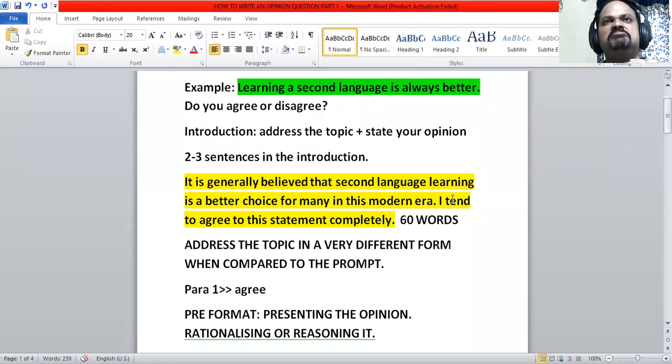Second language. Oh, what do I do with second language? I'll be looking for another word for second language. Then they'll bring, oh, language other than the mother tongue. So why do you have to struggle? Then they will be thinking, okay, I'll go ahead with the word better.